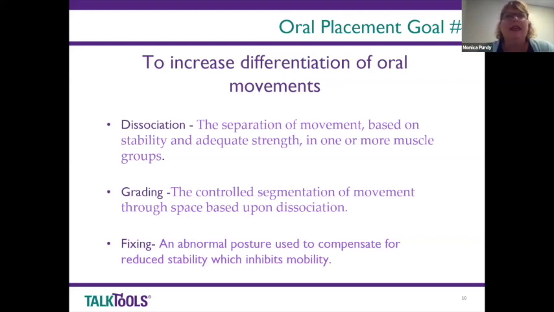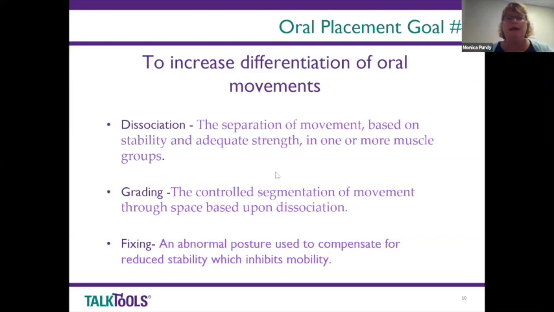We're looking at these reactions and these movements, and we're trying to see, what tool can I use to help you get the correct placement so that you can feed and you can speak? So that's my main goal. Oftentimes therapists are really good at looking at fixing, because these clients will fix in different manners. And that's one of the things that we want to eliminate. We want to get them using the correct movements.